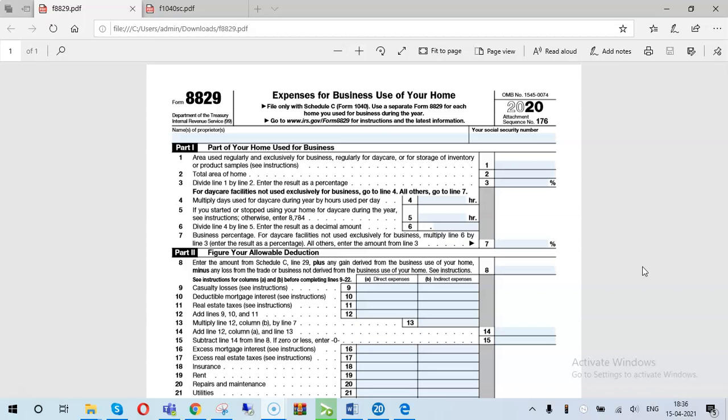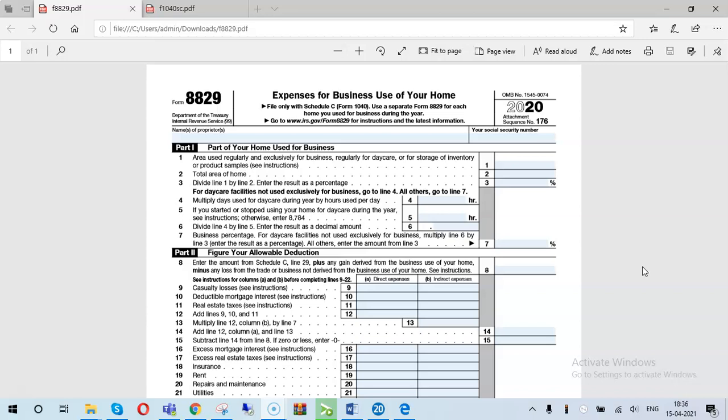Always remember this part, it is very important. Number 2, all the expenses for business use of your home are properly allocable to inventory cost. Instead, figure these expenses in Schedule C in Part 3. Number 3, if you have elected to use the simplified method for this home for 2020.